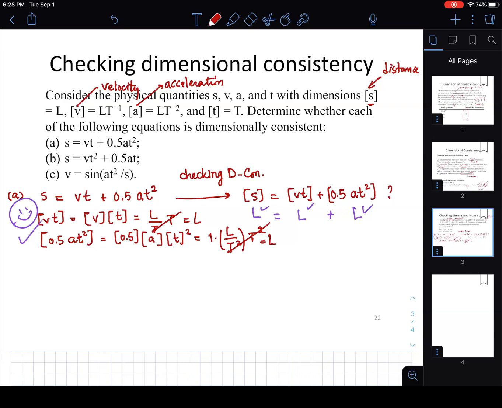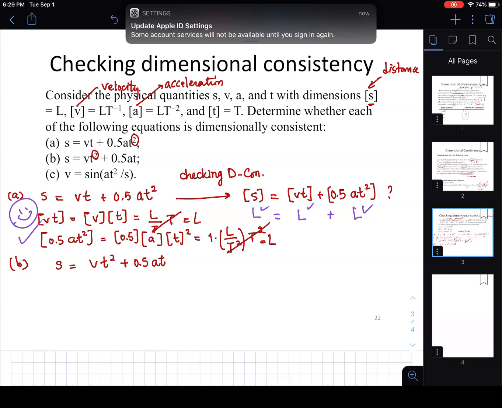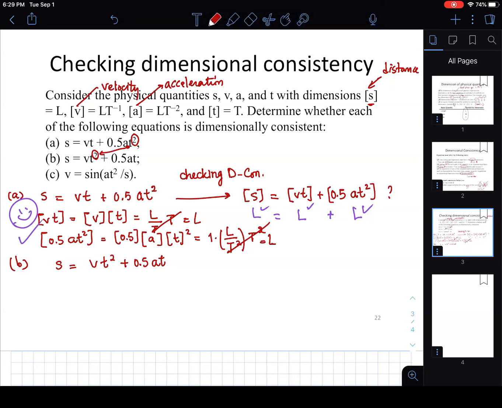Let's do B. In this equation, S equals VT squared plus 0.5 AT. If you notice, the 2 just swapped places from the other equation.